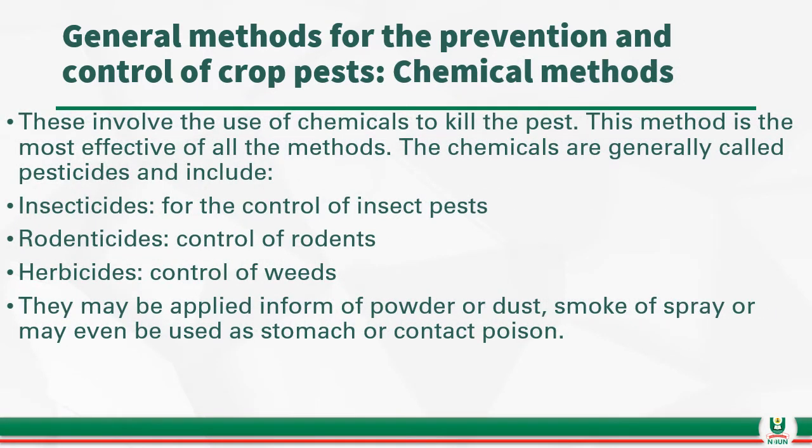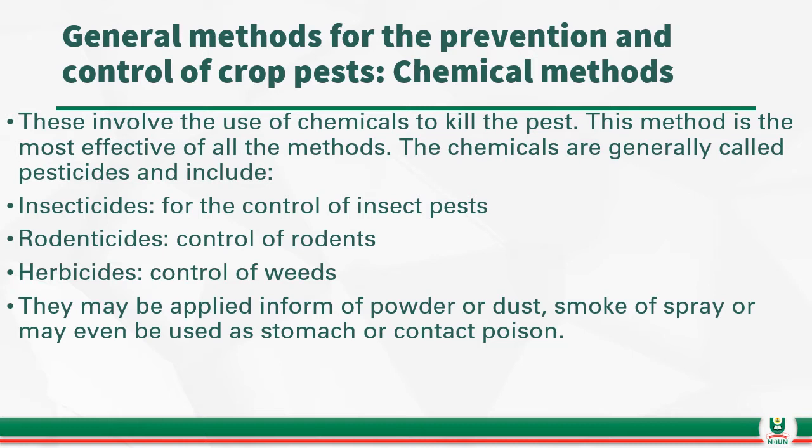The chemical method is the next method, and it's simply the use of chemicals to kill the pest. The chemical method is the most effective of all the methods. There are different chemicals for different pests. We have the insecticides that control the insects, and the rodenticides, which control rodents, that's the rat family.